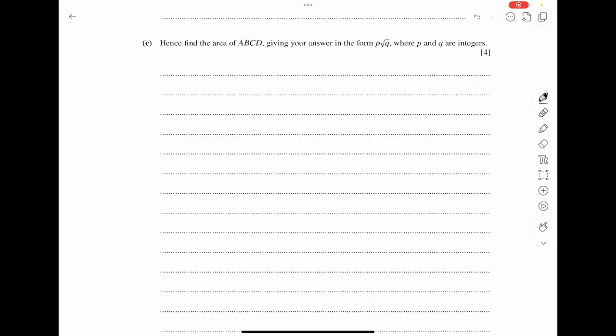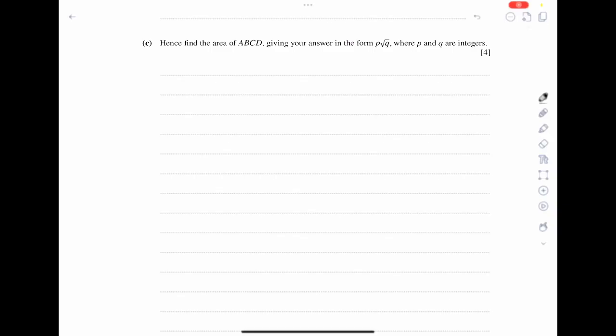Now, as alluded to in the intro, this part is by far the most difficult, so listen closely. It wants us to find the area of ABCD in the form P root Q. But to do this, we have to figure out what the area of ABCD should even be.